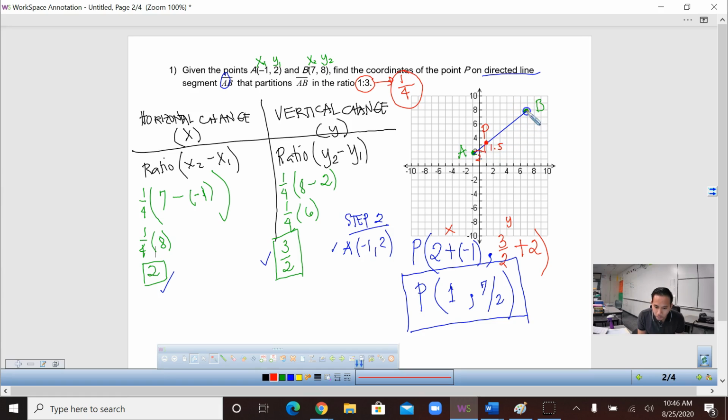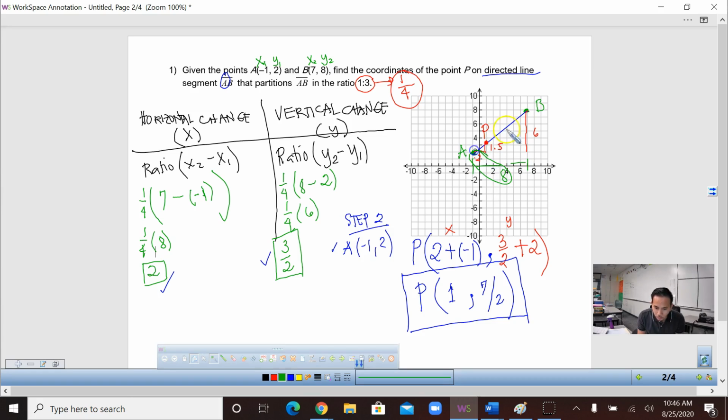From B going down here, this will be 6 units, and from A, I'll be using maybe green, from A to here, you got 8.